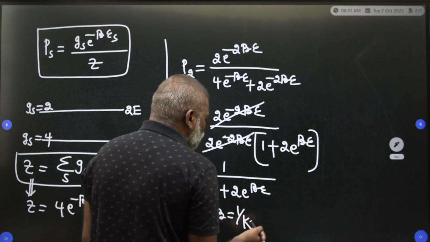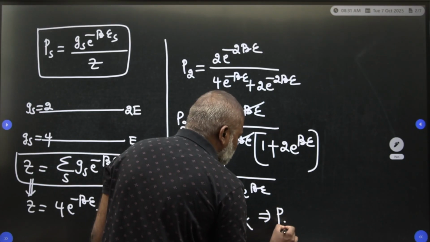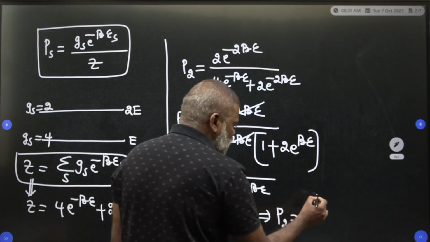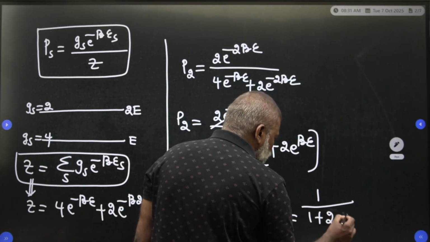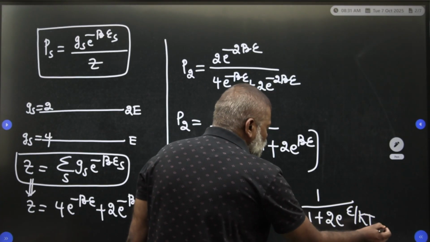Therefore, the fraction of particles in the upper energy level is equal to 1 divided by 1 plus 2 e to the power of E by kT. So this is your answer.